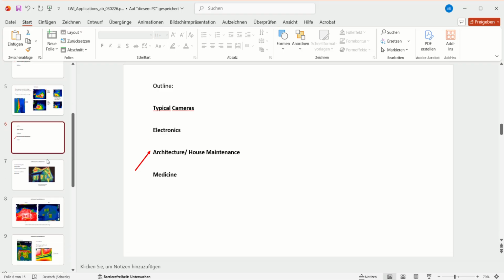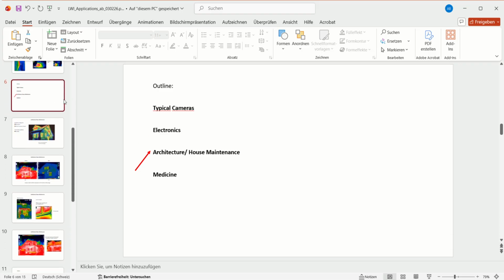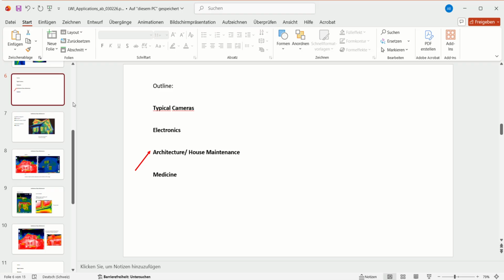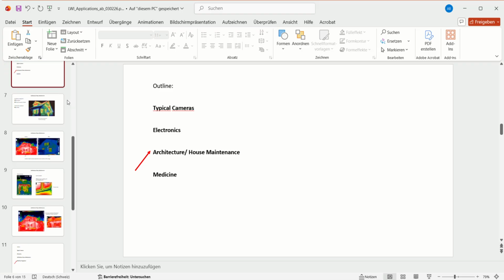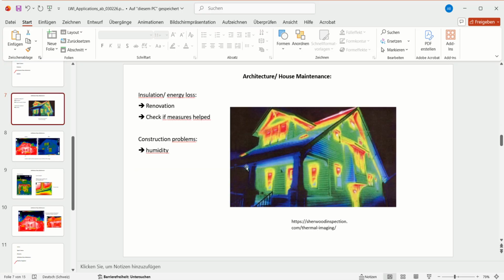Now a second application we will look at is architecture or house maintenance. You can go outside, preferably in a cold night, and take pictures of a house. And then a typical not very well insulated house will look like this. Often the windows lose most heat, as to be seen in the warm colors here in this color coding.